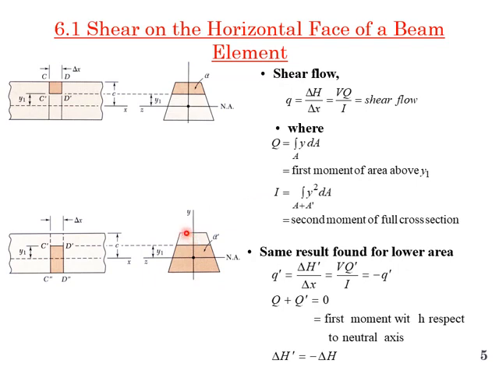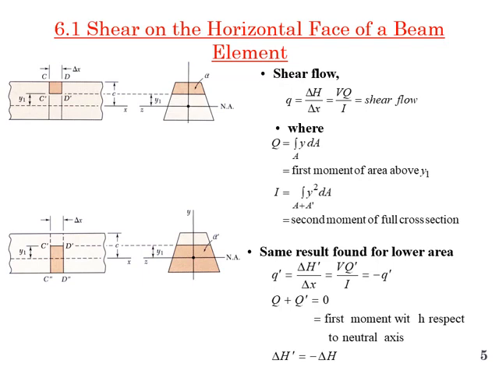At the top surface, the area is 0, so the first moment of area will be 0, and the shear flow will also be 0. At the bottom, considering the whole cross section, Q plus Q prime will be 0, so the shear flow will also be 0. It will change with respect to the depth of the beam.